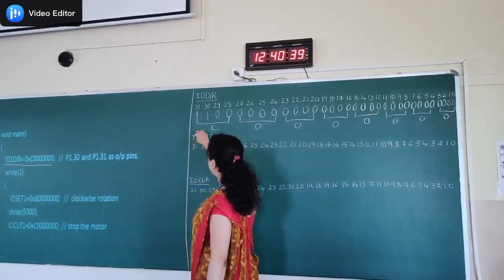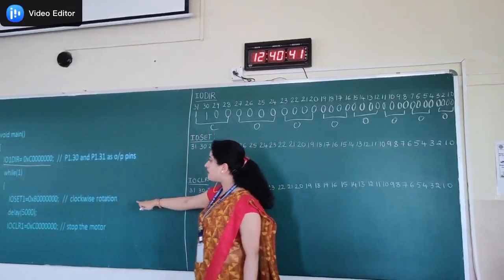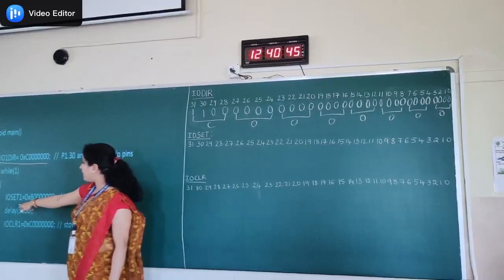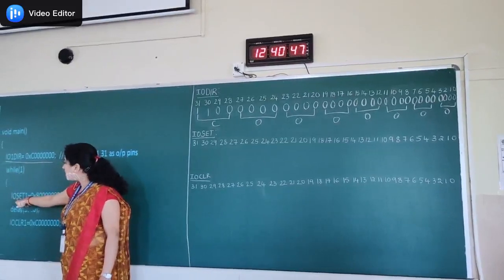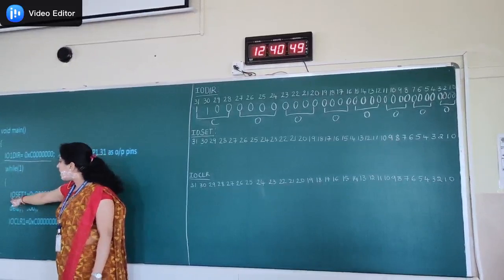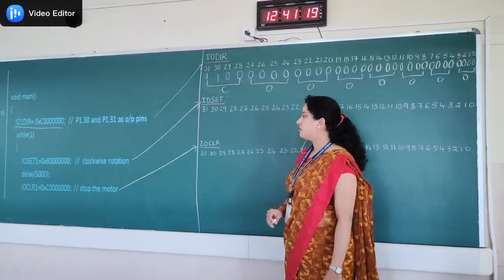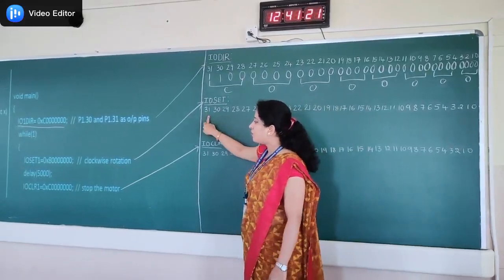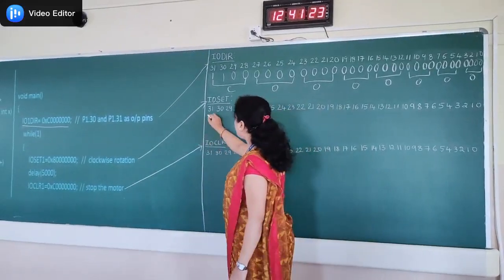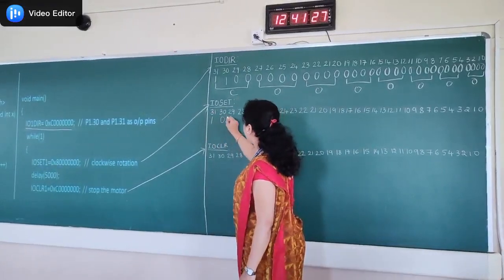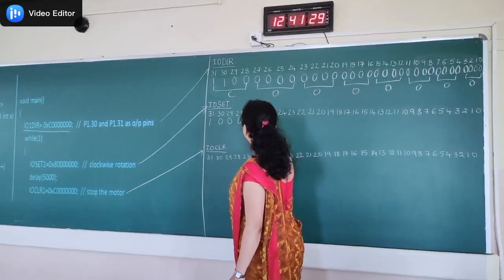When I apply a high pulse on pin number 31, this has to be done by using the IOSET register. You can write this as either IO1SET or IOSET1. Both are the same. Now I want to rotate the motor in clockwise direction, so I apply a high pulse on pin number 31 and the remaining will be low.